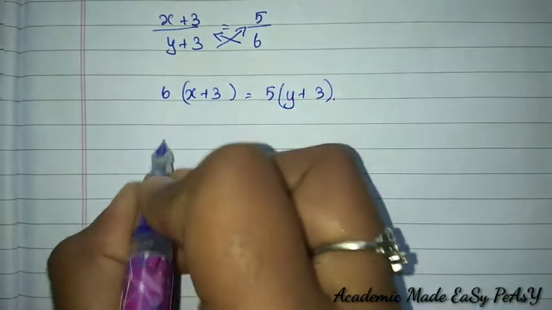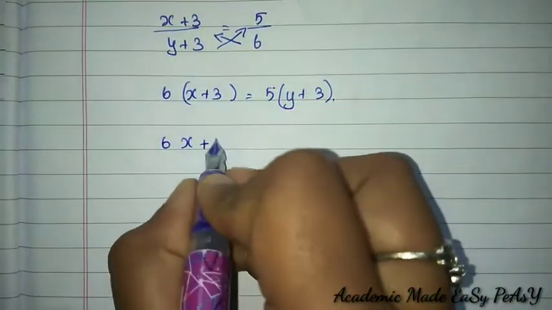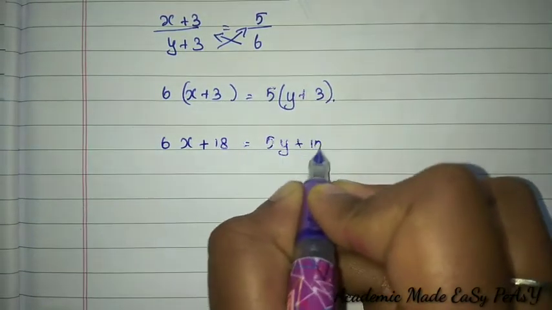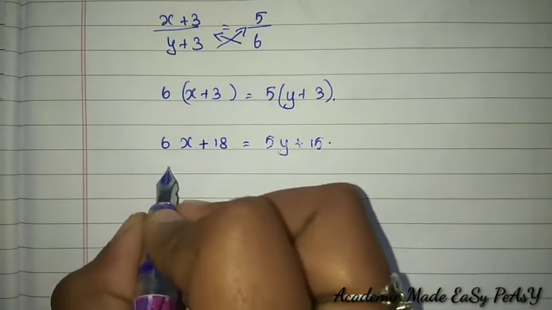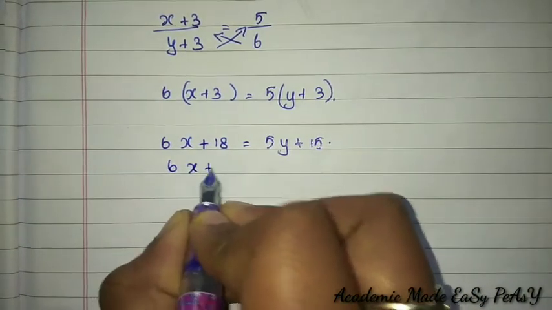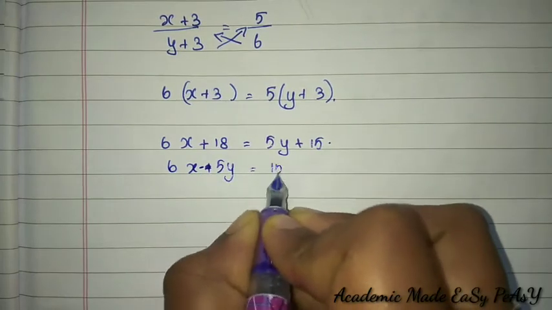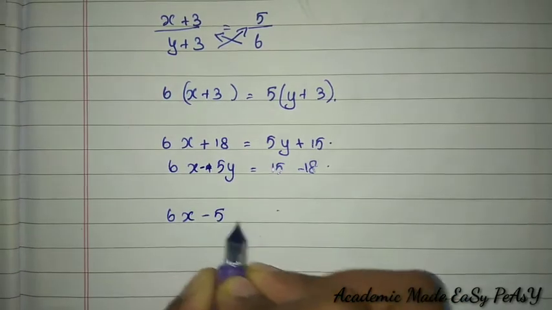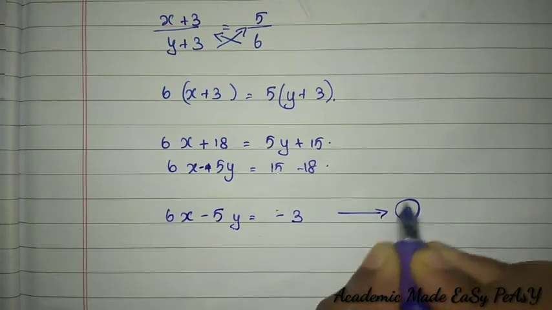So we will have 6x plus 6 threes are 18 is equal to 5y plus 15. So I will have variables on one side and numbers on one side. So 6x minus 5y is equal to 15 minus 18. So 6x minus 5y is equal to minus 3. Let this be equation 2.